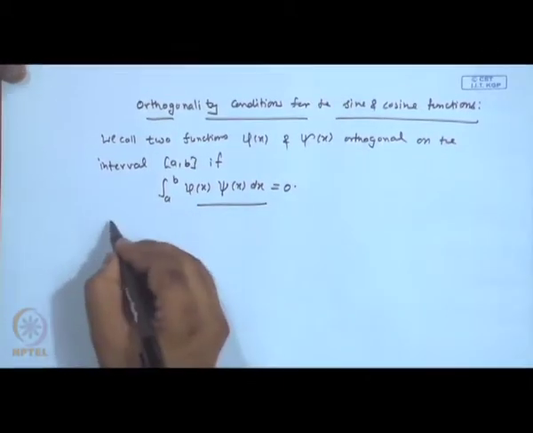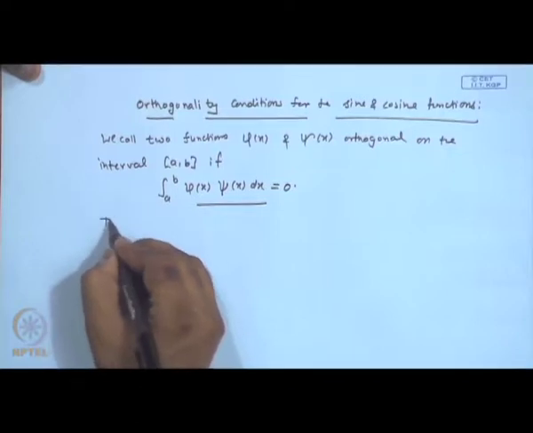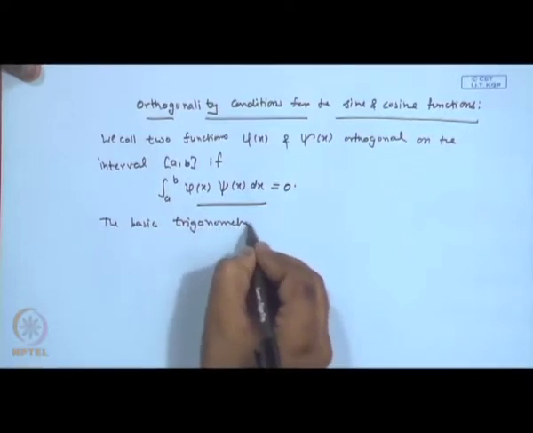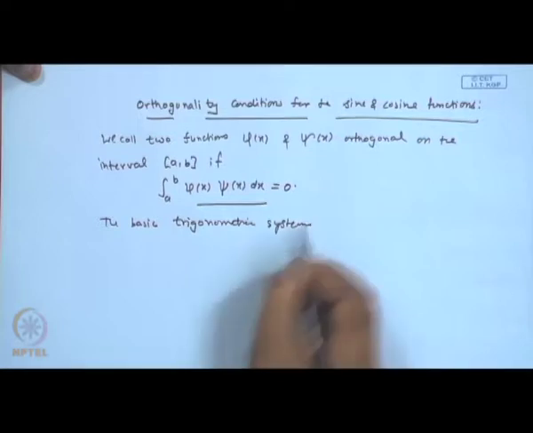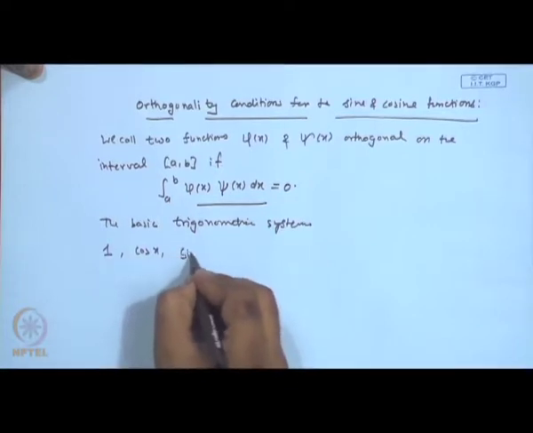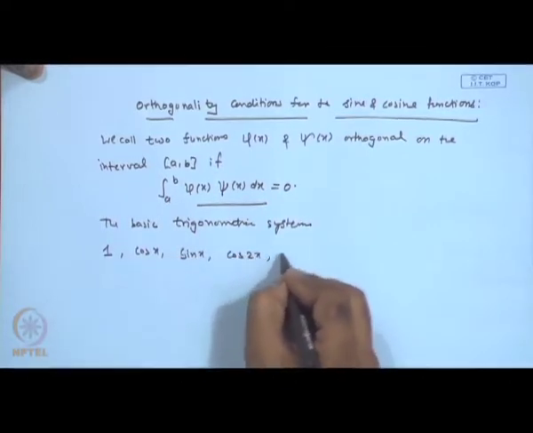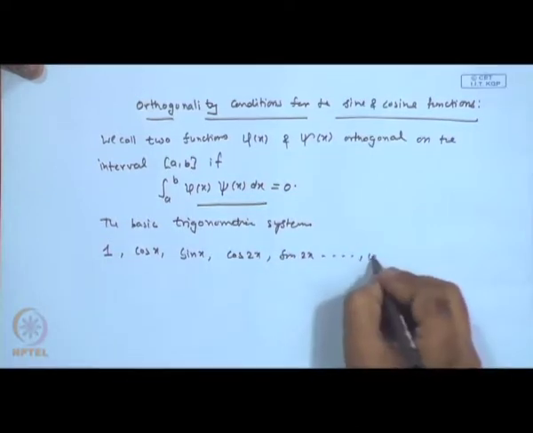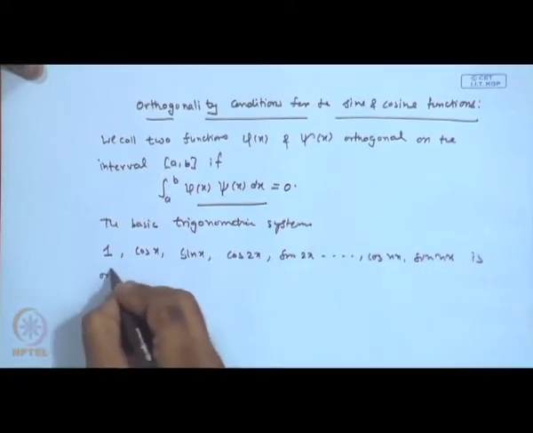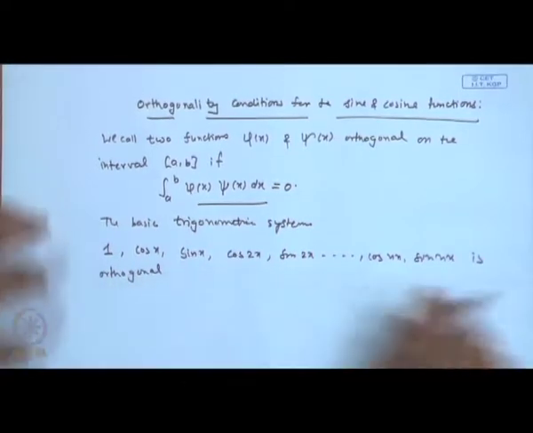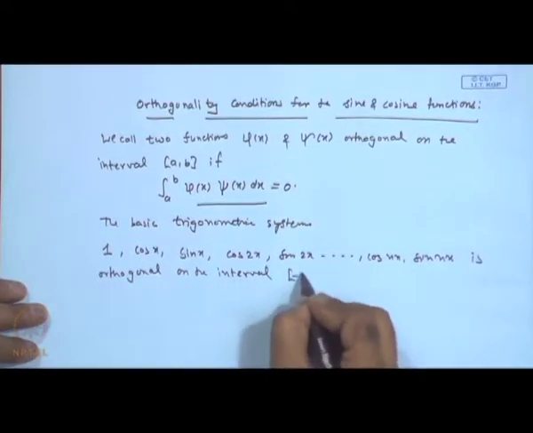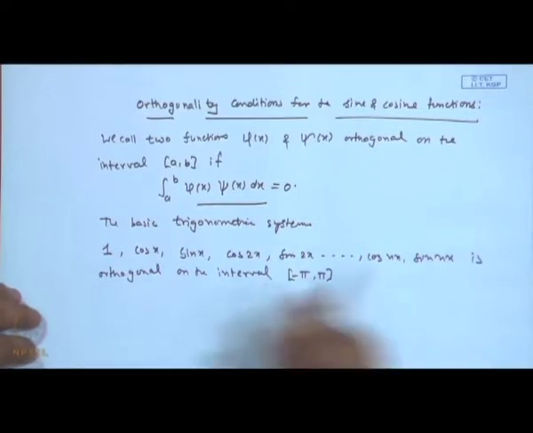And with this definition, we can say that the basic trigonometric system of period 2 pi, so 1, cos x, sin x, cos 2x, sin 2x and so on, cos nx, sin nx, is orthogonal on the interval minus pi to pi.